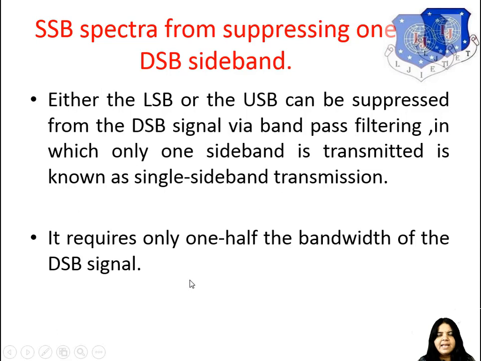So either the LSB or the USB can be suppressed from the DSB signal via bandpass filtering, in which only one sideband is transmitted, which is known as single sideband transmission. It requires only half the bandwidth of the DSB signal.